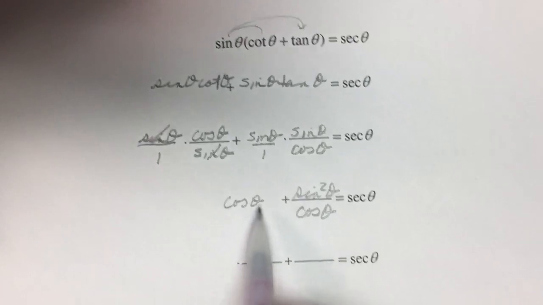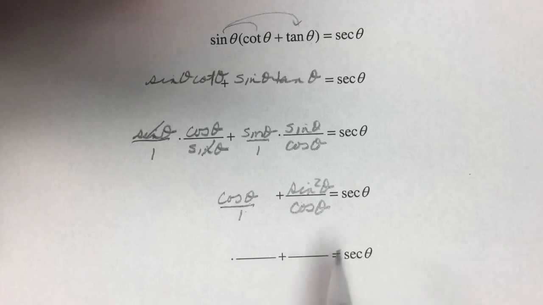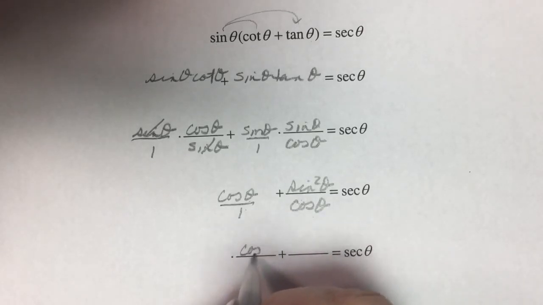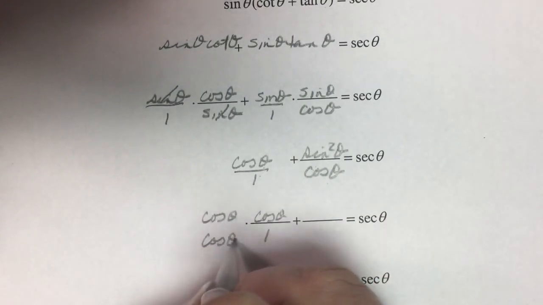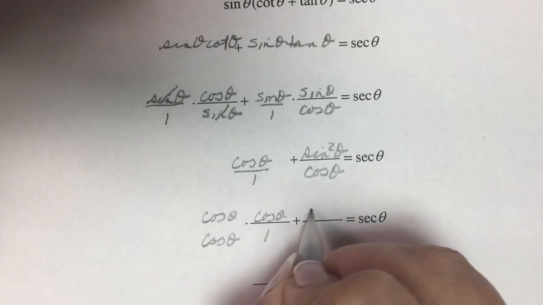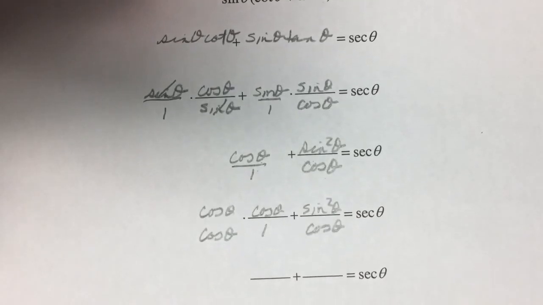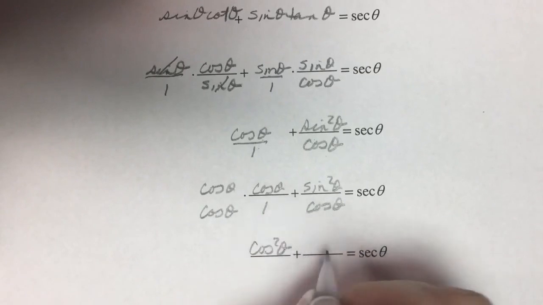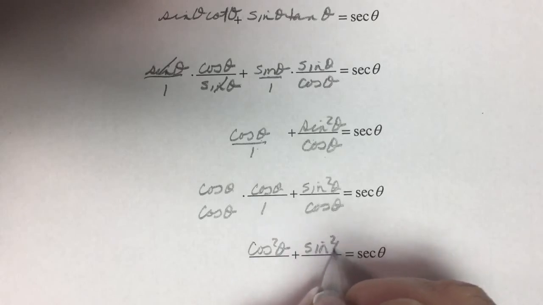Now I have still two expressions, so I'm going to combine them. I think you can see obviously that your lowest common denominator is going to be cosine theta. So we're going to take this cosine theta and multiply it by cosine theta over cosine theta. I'm going to leave this alone. That's going to give me cosine squared theta, cosine times cosine, plus sine squared theta.